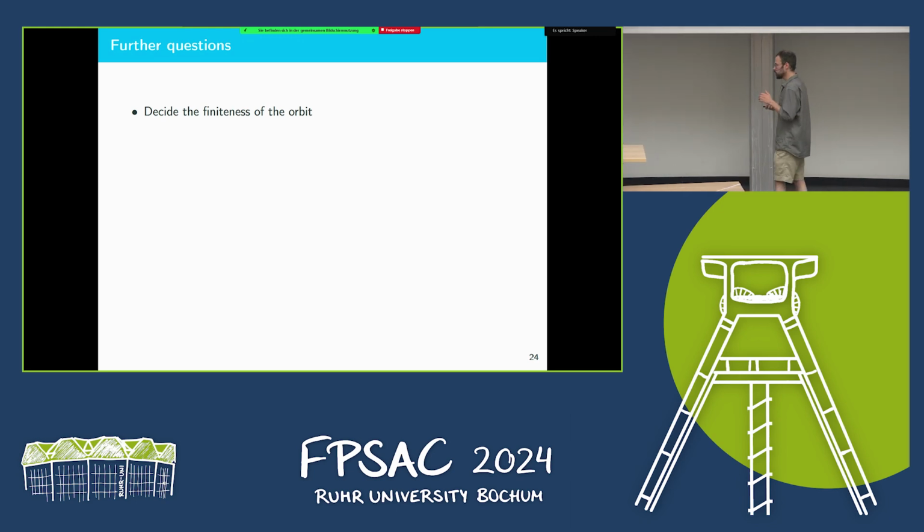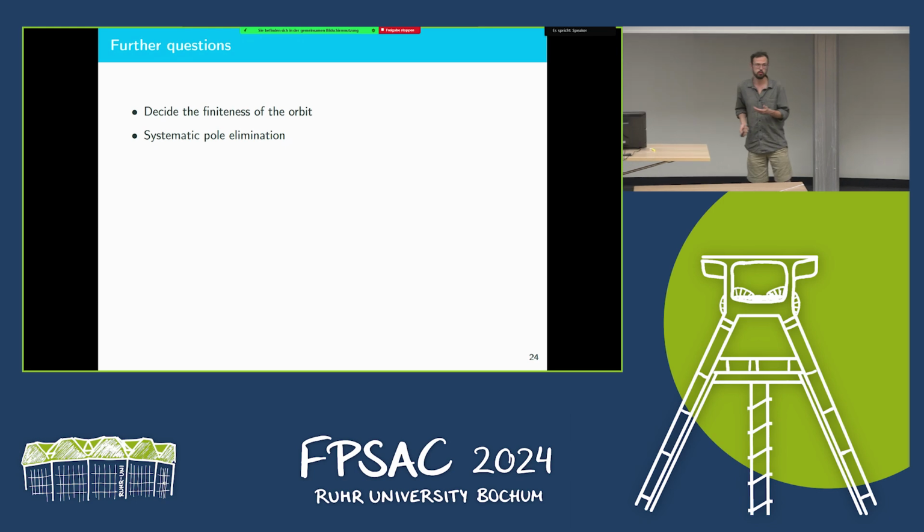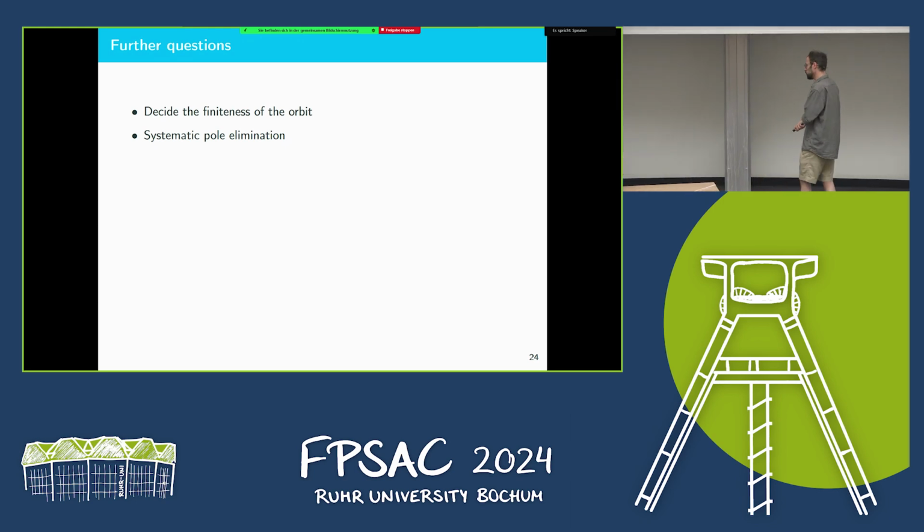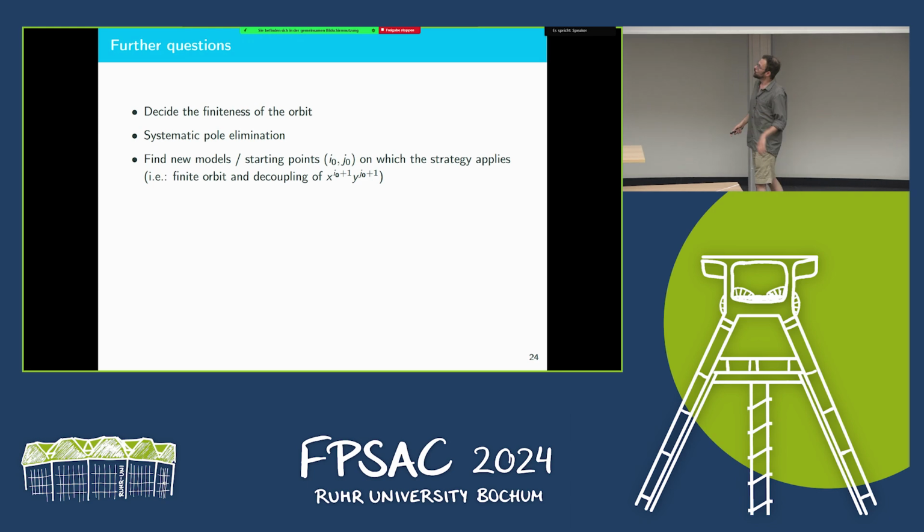It's a bit ugly. We want to find a way to decide the finiteness of the orbit, basically. Moreover, the first step I didn't explain is still done by hand, and it's not quite difficult, but I hope that it could be automated. And finally, we want to find new models on which to apply the strategy.